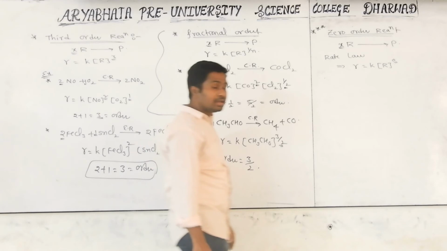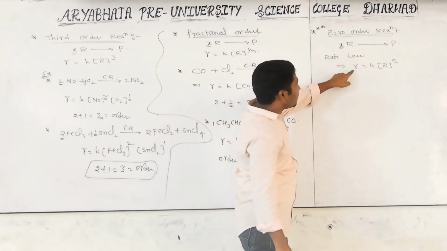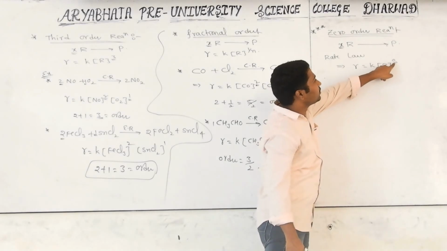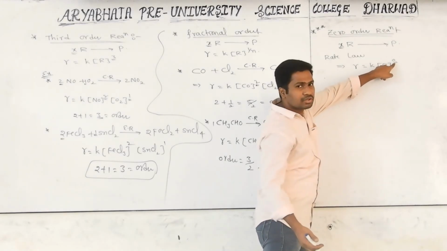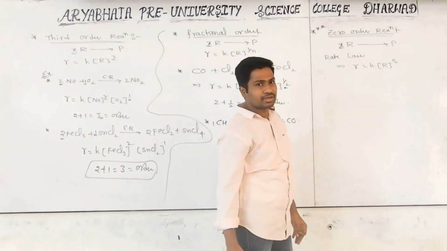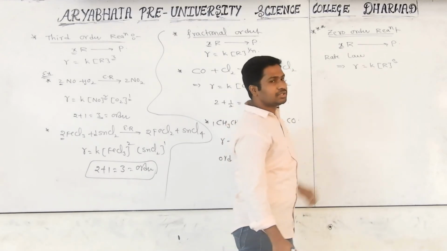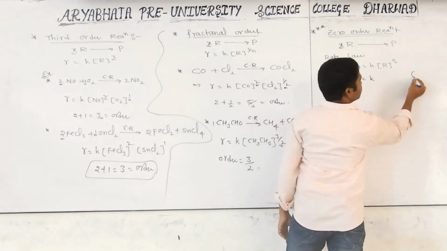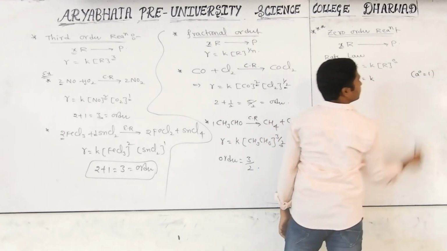What does it mean? According to the rate law, R equals K into the reactant power 0, which means the sum of the powers of the reactant terms should become 0. That's what we call a zero order reaction. But what is the definition? Indirectly, R equals K into anything power 0. How much is that? 1.